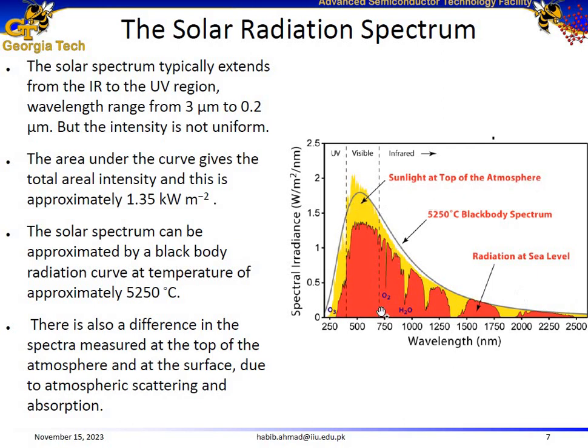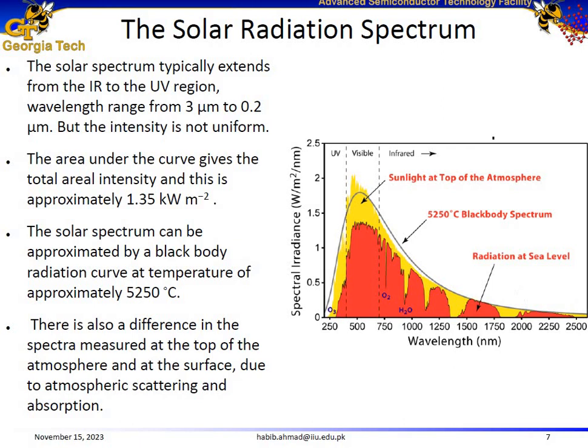Why is that so? Because light has to pass through our atmosphere, and since we have oxygen and water vapors and a lot of other gases in the atmosphere, in this process some of the light would be absorbed and some of the light has to go through scattering.